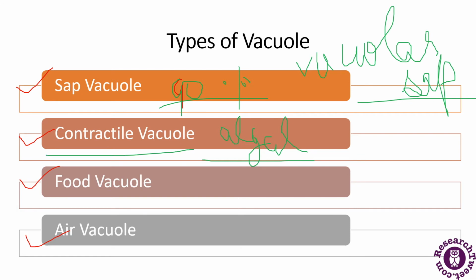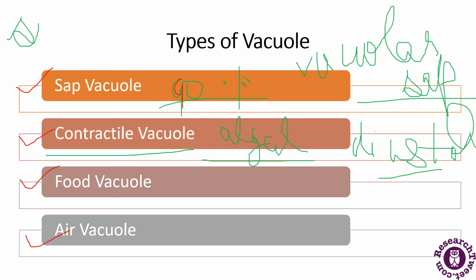Now the vacuole swells up, and this process is called diastole. The swollen contractile vacuole comes in contact with the plasma membrane and collapses.